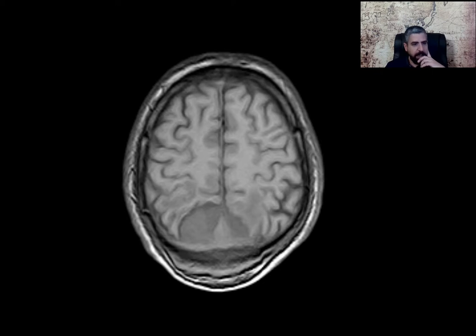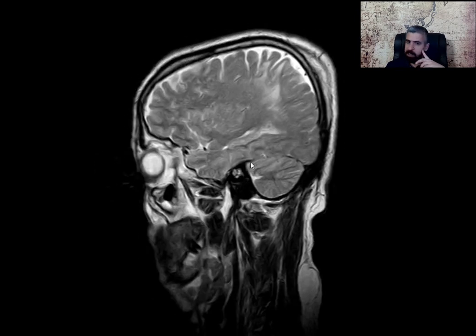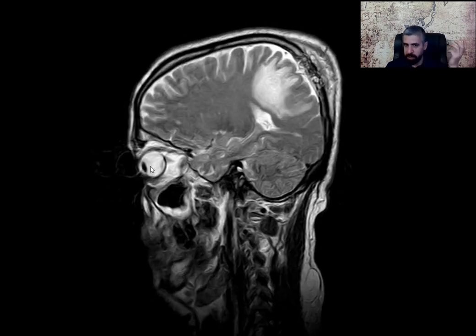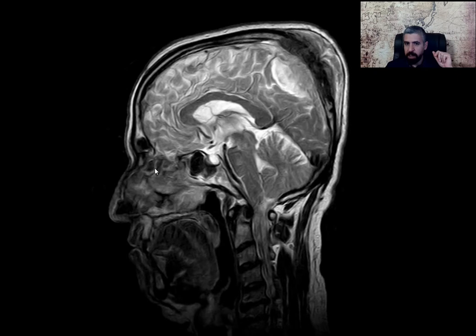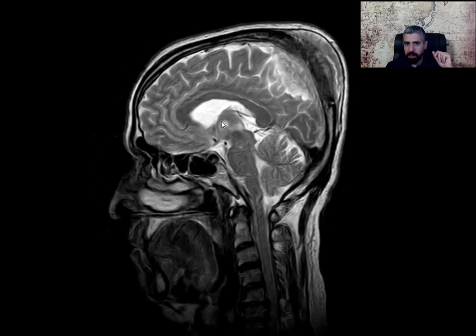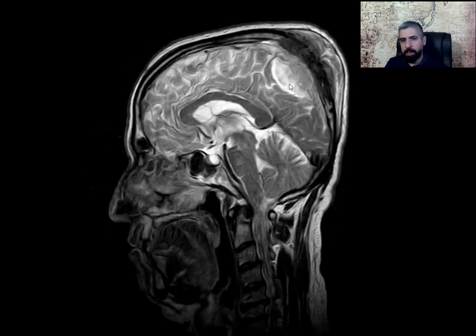Now let's see the sagittal image, a sagittal T2. Of course, you can see the fluid is bright in the eye globe and in the lateral ventricle. This is a sagittal T2 weighted image, not fat saturated, because you can see the fat in the subcutaneous tissues as a bright signal intensity.